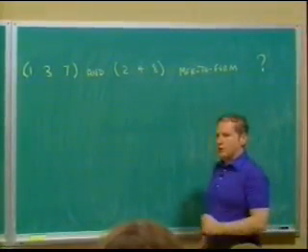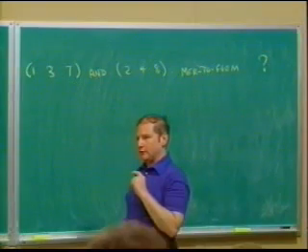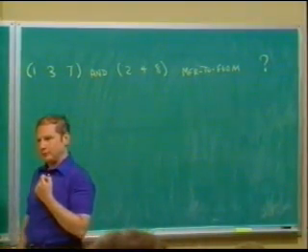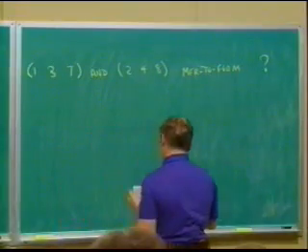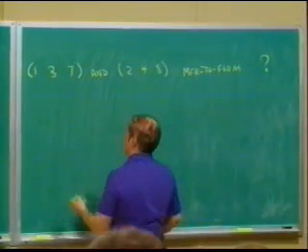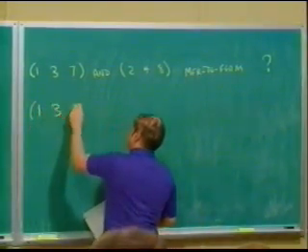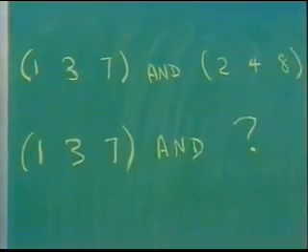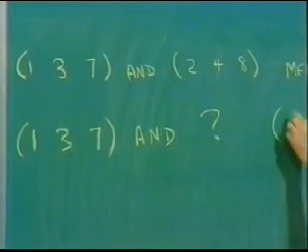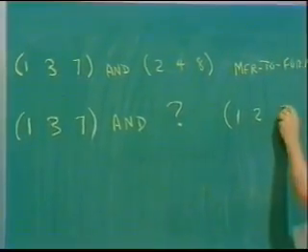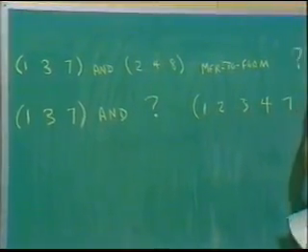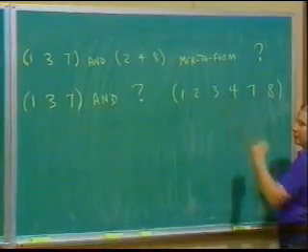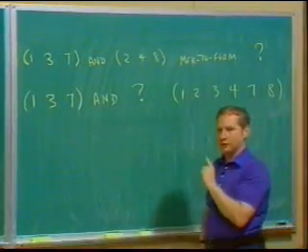And that's a question it ought to be able to answer. That's exactly the same question that our Lisp procedure answered. But the exact same rules should also be enough to answer a question like this: 1 3 7 and what merge to form 1, 2, 3, 4, 7, 8. The same rules of logic can answer this, although the procedure we wrote can't answer that question.